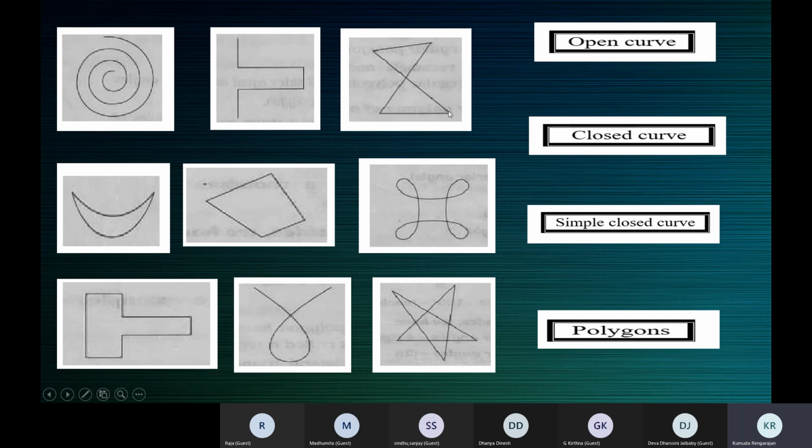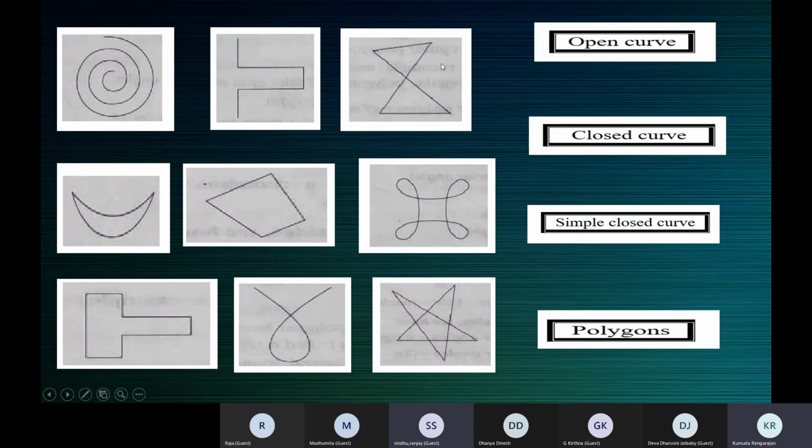You might say I made this X first and then joined these two line segments. No, it's not like that. This figure can be drawn without lifting the pencil. Drawing it in bits and pieces doesn't mean it's not a curve. Maybe if we start here, you can go like this, then like this, then like this, and like this.